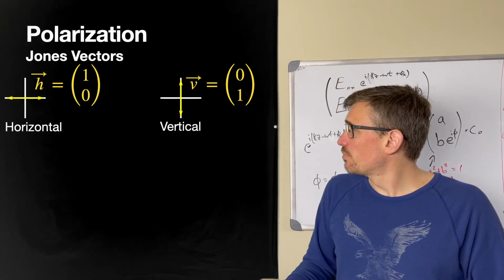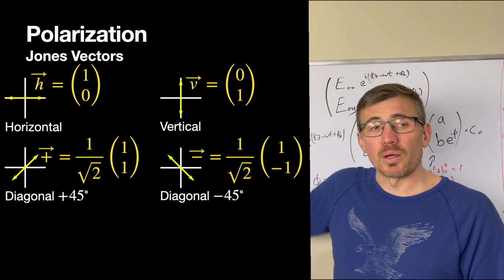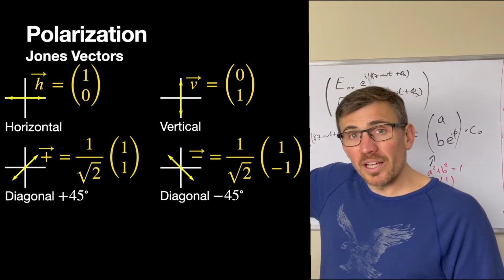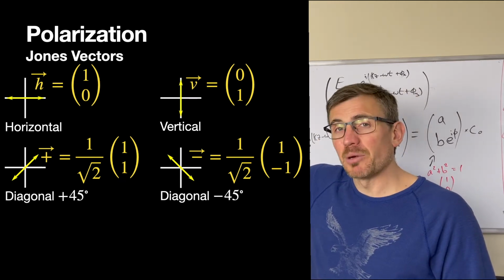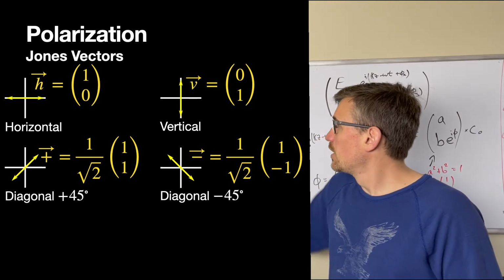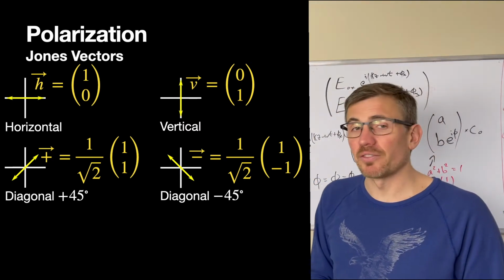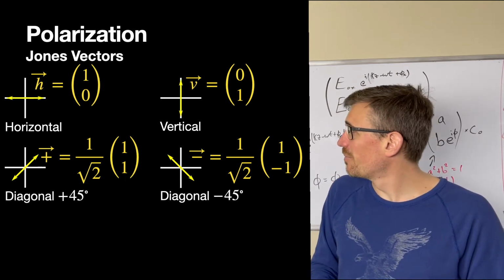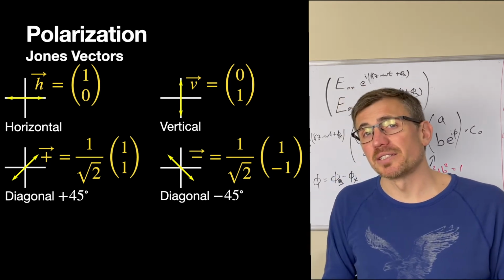That leads to the following vector when we normalize: 1 over root 2 times (1, 1) for plus 45. What if the other one was the same, but negative? So V was at a minimum when H was at a maximum. Then it oscillates in this way, and we have minus 45 degrees. Notice that just by a tilt of the head, this is the same as the HV basis. These are called linearly polarized states.